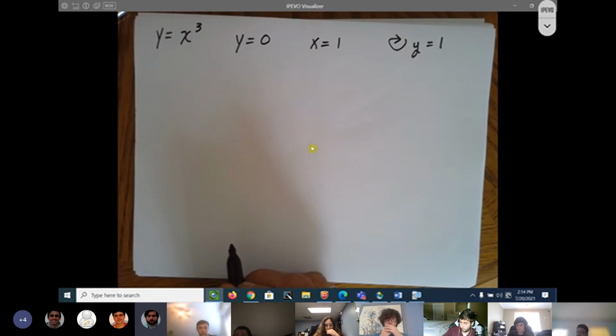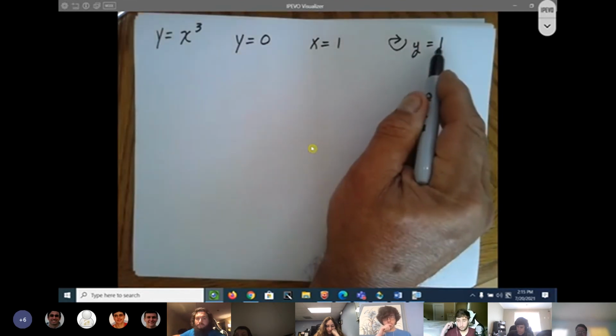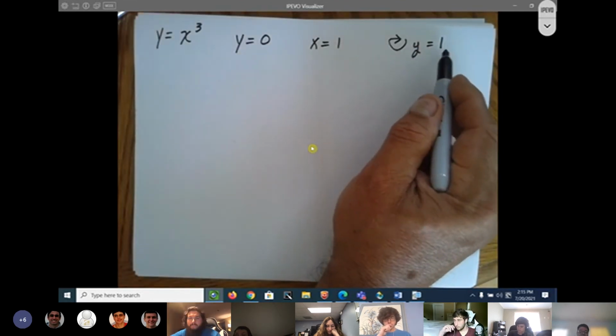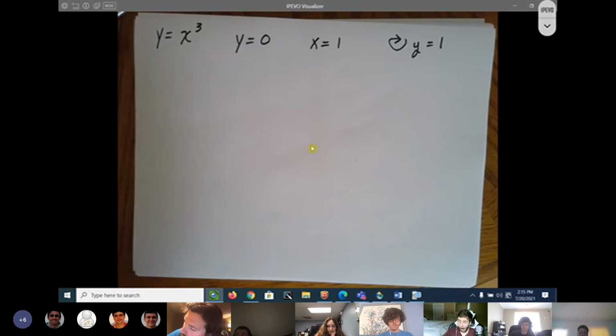Yeah, we did one that was similar, but this one's a little bit different. I know this is different because we're revolving around y is equal to 1, and you're not used to doing that. So, with that being said, go ahead and graph it. Draw a sketch and graph it because that's the most important part.